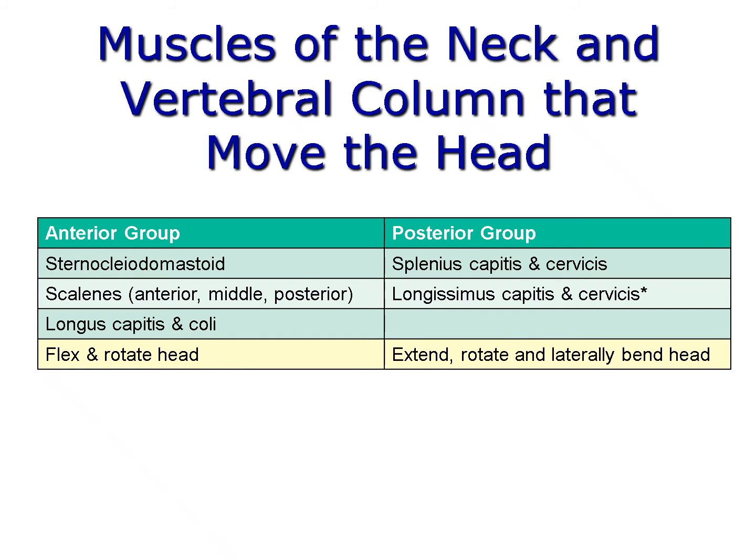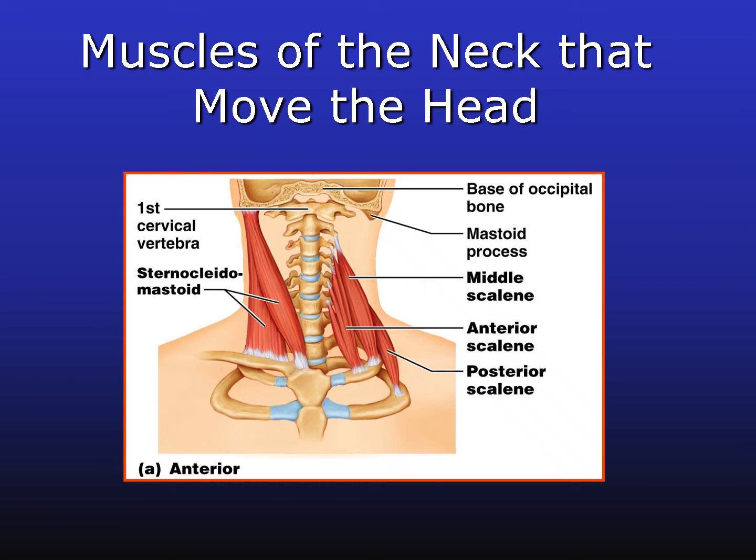Note: the longissimus capitis and cervicis are part of a much larger mass of deep back muscles called the erector spinae. Previously, we saw that the sternocleidomastoid is a useful superficial anatomical landmark because it divides the structures in the neck into anterior and posterior triangles.